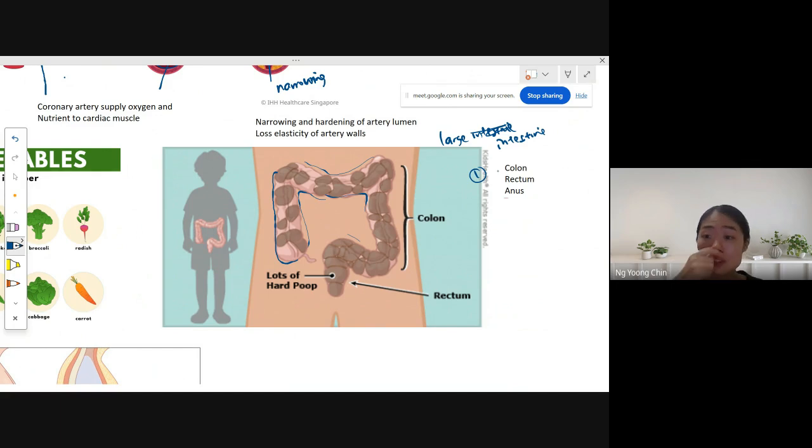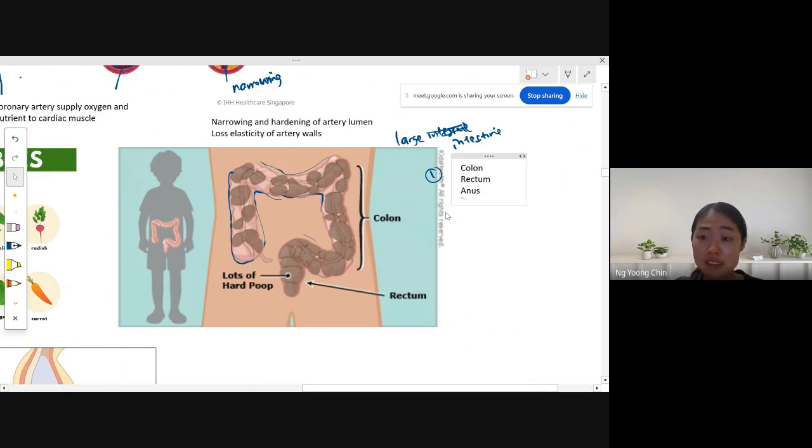The function of the large intestine is to absorb water and mineral ions, right?